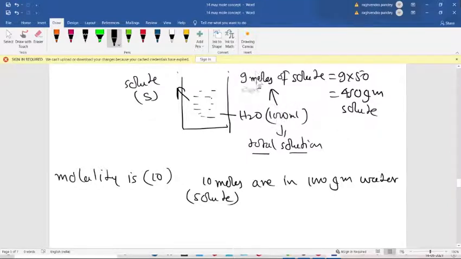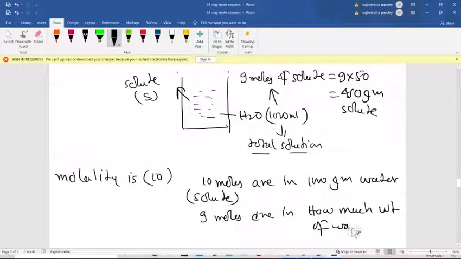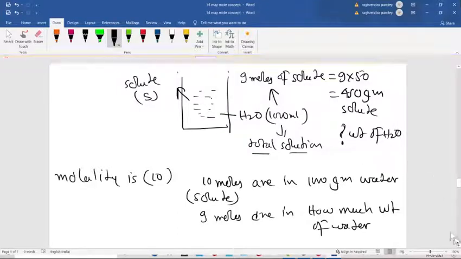So 1000 ml contains 9 moles of solute which has 450 gram. Now these 9 moles are dissolved in how much gram of water? That is the question, because we want the weight of water here. We know the weight of solute, but we don't know the weight of water. That is a question mark for us.